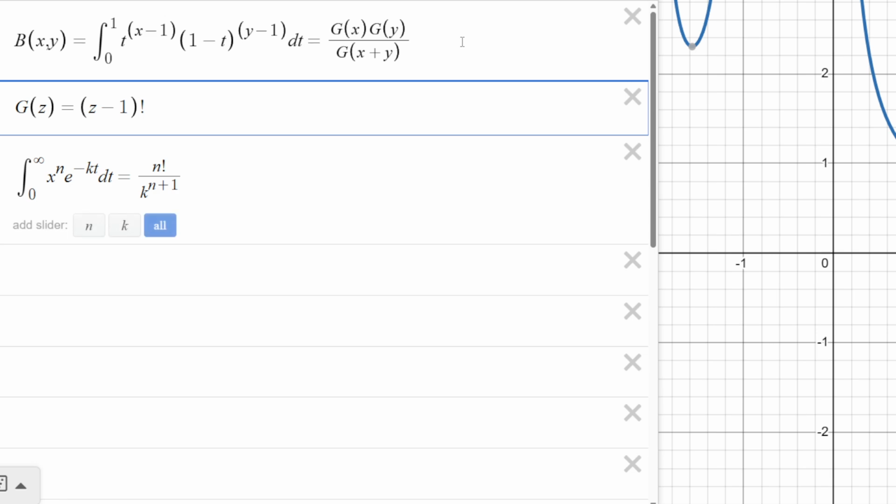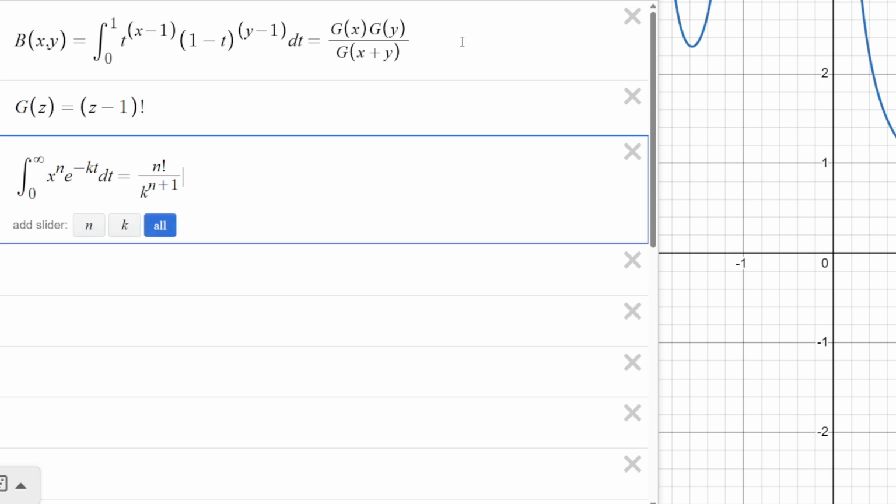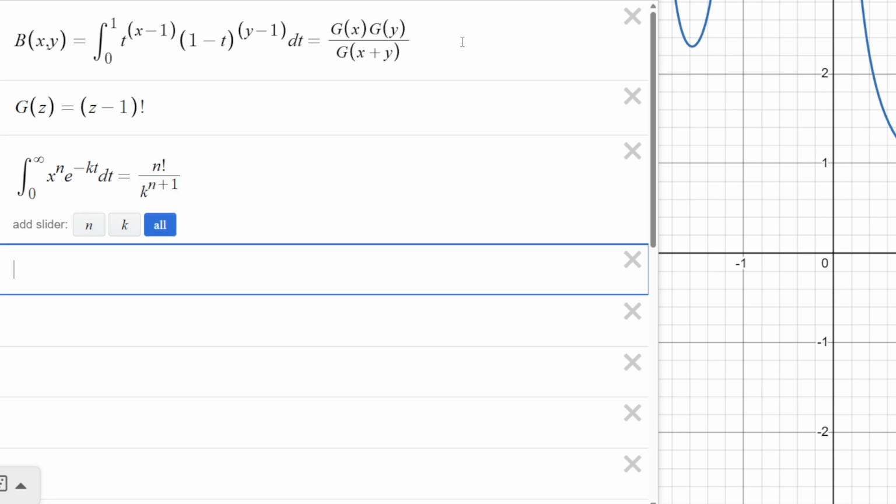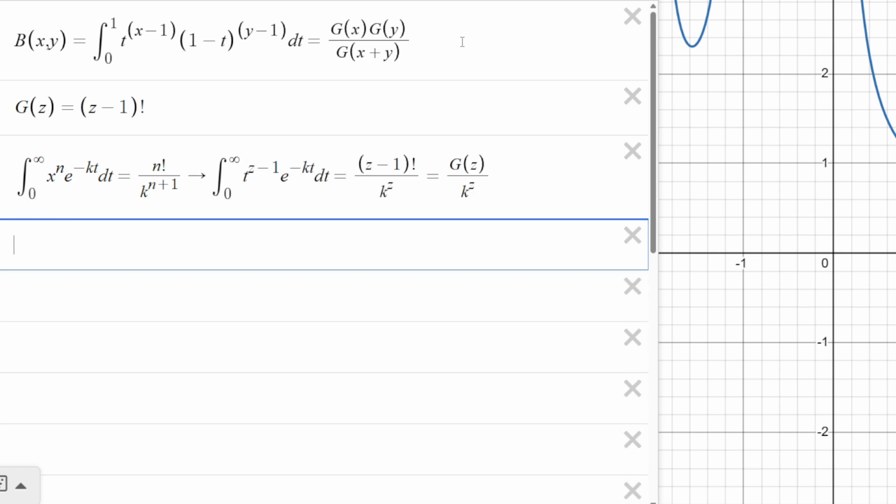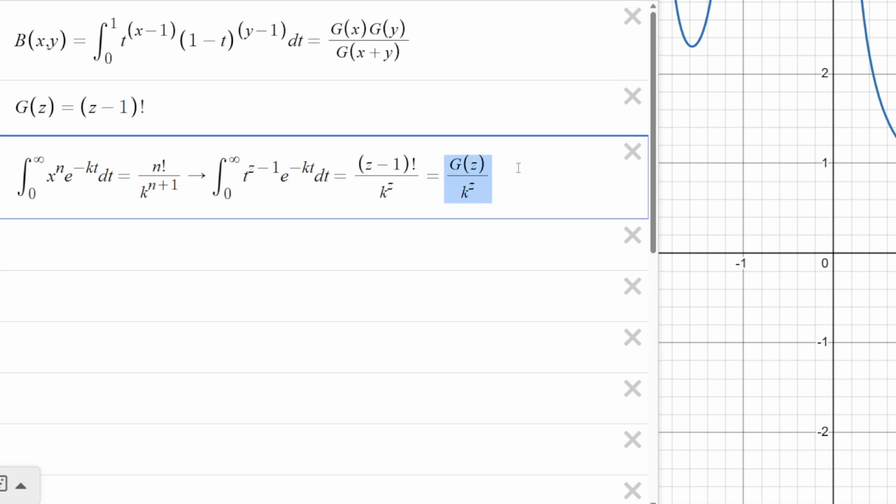All right. And from many previous videos, I've shown this is true. If you take the integral from 0 to infinity of x to the n times e to the negative kt dt, I use different variables in my previous derivations, but this is what you end up getting. You get n factorial over k to the n plus 1. Now, extending this, we can say this.